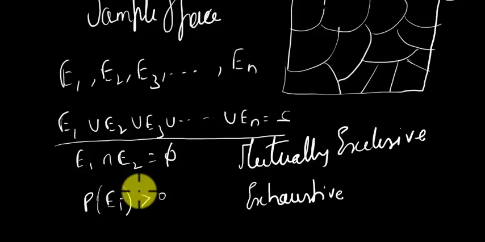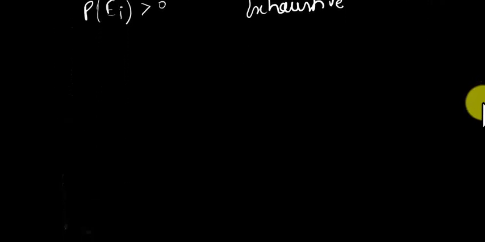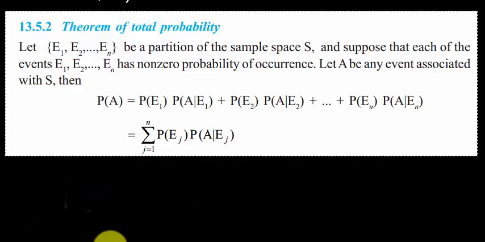Alright, now let's move on. With that in my mind, I'm now going to make a statement on total probability. Let me bring up the NCERT statement on total probability for you. So that is the statement on total probability. What does it state? Let's understand this.